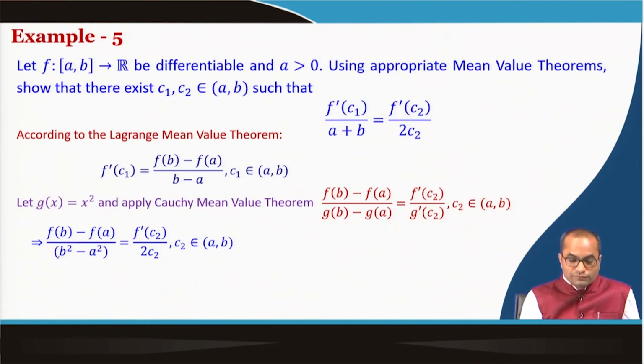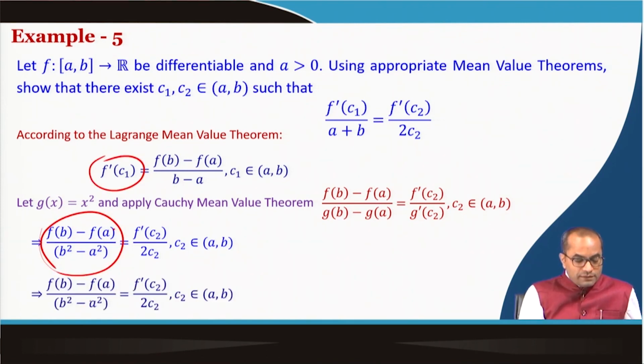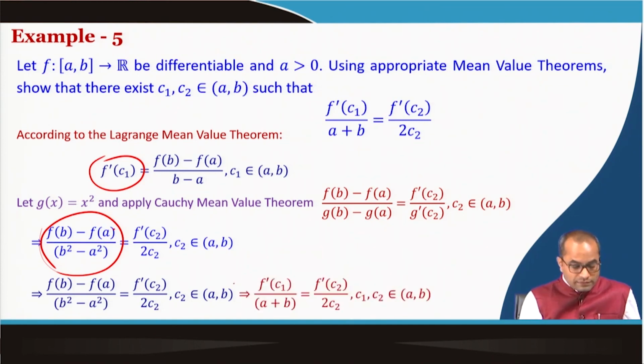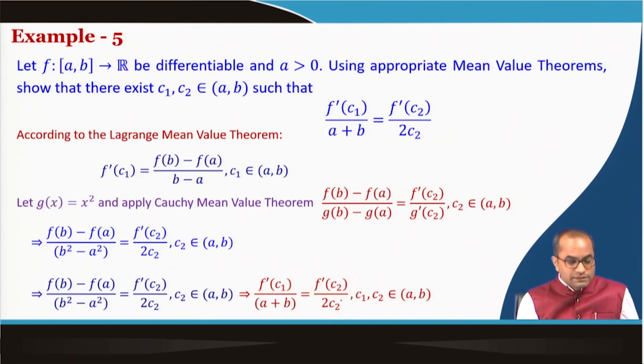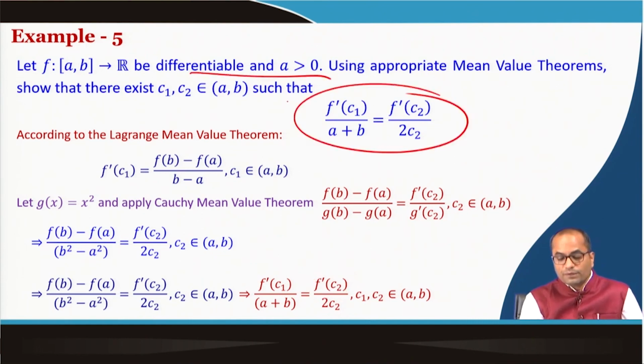And this is exactly what we were looking for, because f b minus f a over b minus a will become f prime C1, and then we have a plus b, because b square minus a square is b minus a times b plus a. So, a plus b will remain, and b minus a will be absorbed in f prime C1, and the right hand side is precisely f prime C2 over 2C2, which is the conclusion of this result: f prime C1 over a plus b equals f prime C2 over 2C2.